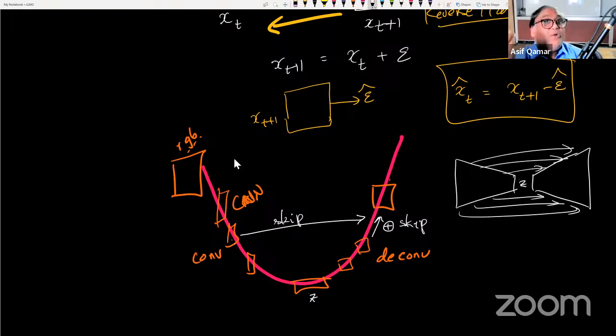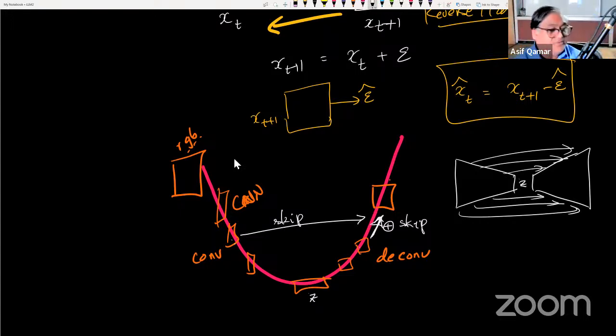We not only want to go from semantic information, but if you want to sharpen that image, you also need to know where to draw those whiskers. That is the purpose of the skip connection, because the skip connection is bringing you spatial information, whereas the journey from the bottom up is bringing you semantic information. And you need both to do a good reconstruction of the image.